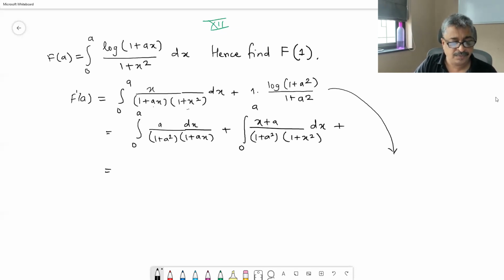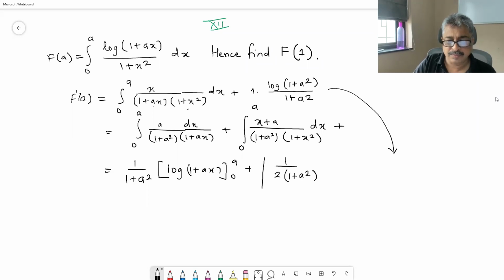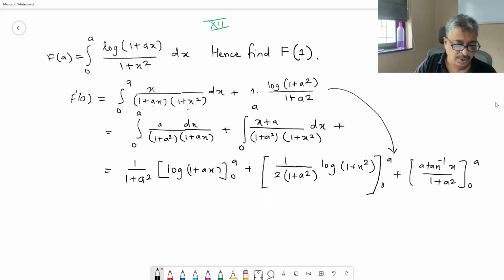Therefore, this is equal to 1 upon (1 plus a square) inside bracket log(1 plus ax) evaluated between 0 to a, plus 1 upon 2 into (1 plus a square) log(1 plus x square) evaluated from 0 to a, plus a tan inverse x upon (1 plus a square) evaluated from 0 to a.